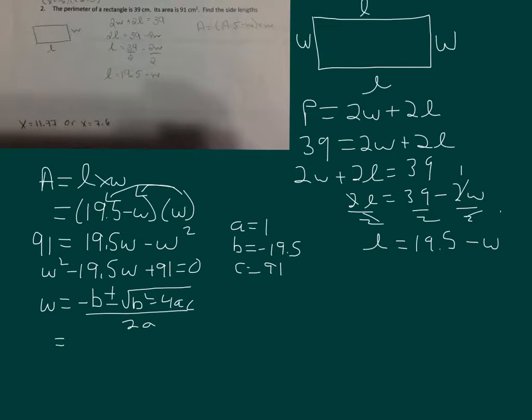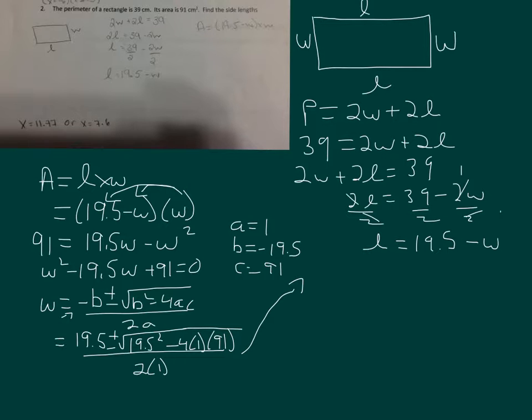If I fill in all of my numbers, negative 19.5, when you've got the negative in front of the b again, makes it positive. And in the square root sign, I have 19.5 squared minus 4 times a times c. And that's all over 2a, which is 2 times 1. So let's work over here now, and I'll work in yellow just to make sure that you can tell where we're going.